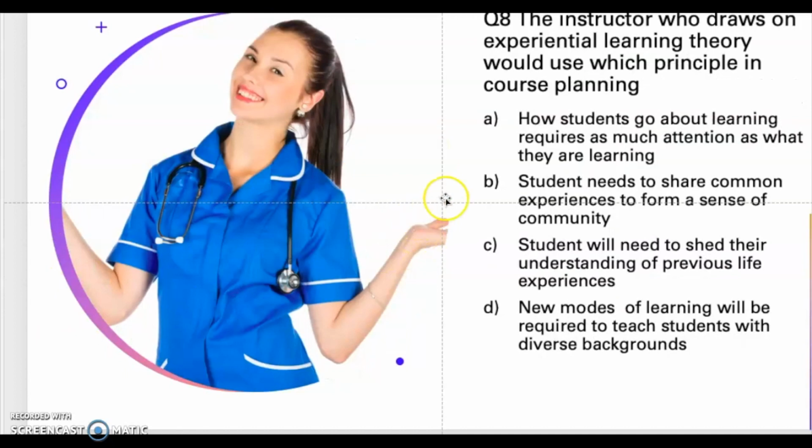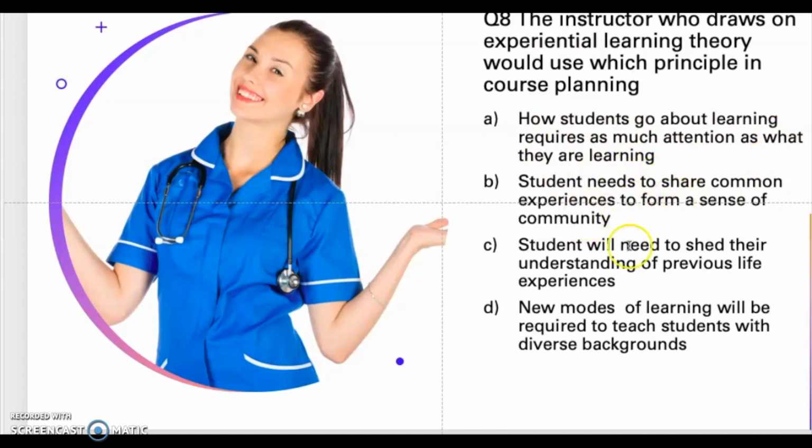Question number 8. The instructor who draws on experiential learning theory would use which principles in course planning? A. How students go about learning requires as much attention as what they are learning.